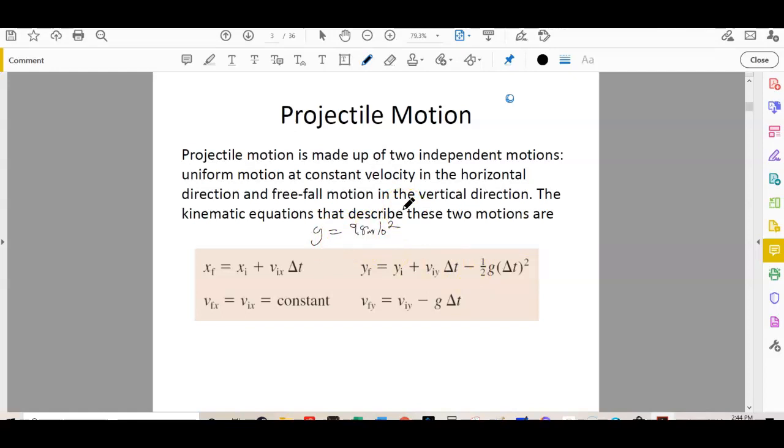So when we do a curve fit in a y versus t graph, this is going to be the fit for that. And then in the velocity versus time, v sub y versus t, we're going to have a linear fit for that graph.